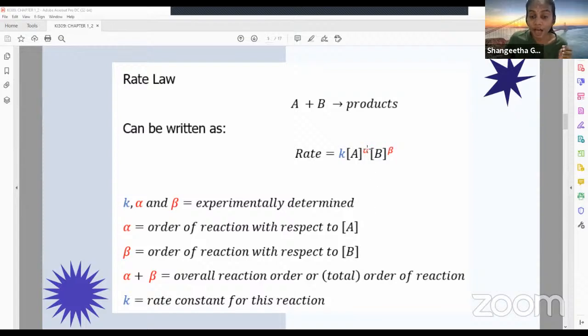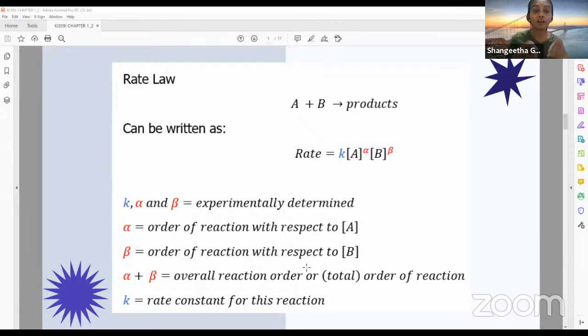When you add alpha and beta, you get the overall reaction order, or the total order of reaction. Later on, you will see why the order of reaction is important, because the order of reaction can eventually tell you how the graph looks.